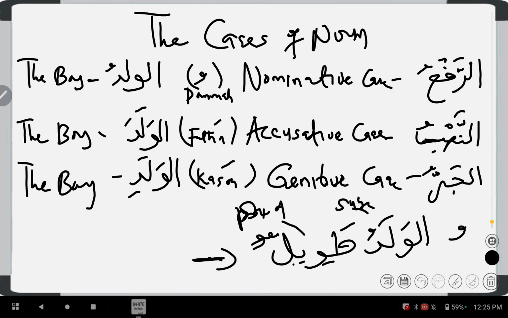Now, when does a noun take fatha, an-nasbu, the accusative case? When a noun becomes something that was acted upon. When we have an action, a verb, and what that verb is based upon becomes the acted upon word.